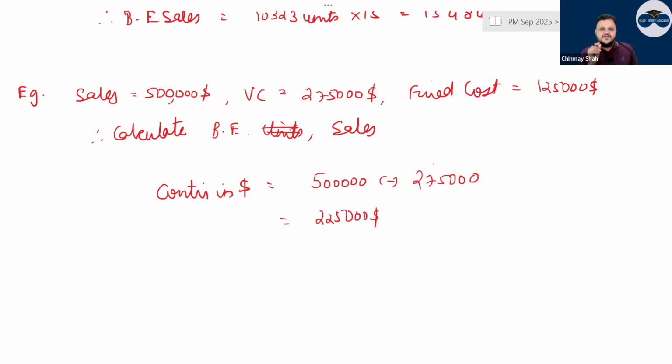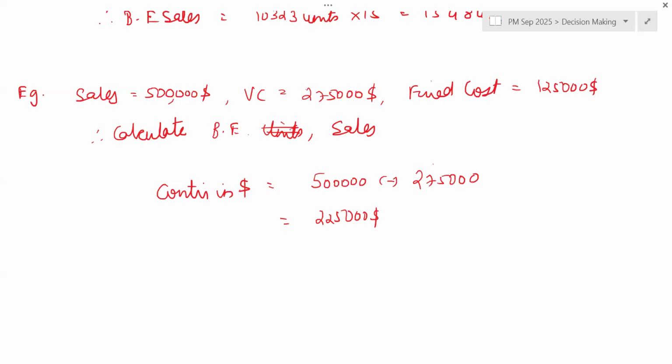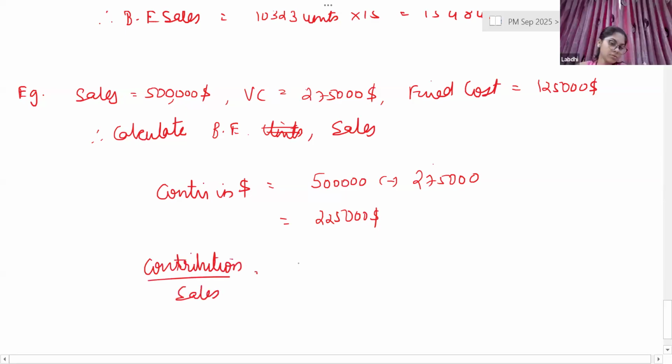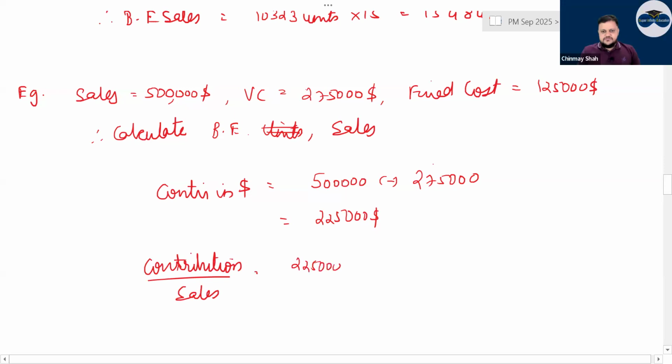One minute. Did you learn one thing? Did you understand sales by variable cost, sorry, contribution by sales gives you what? The C/S ratio. Here, can you find the contribution by sales ratio? How much is contribution divided by sales? 225,000 divided by 500,000.